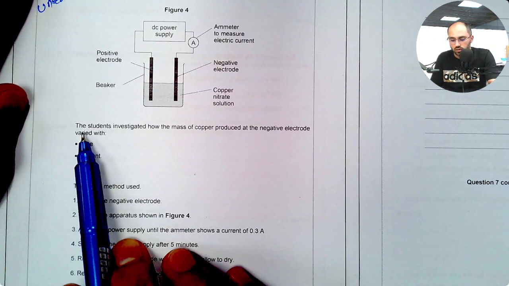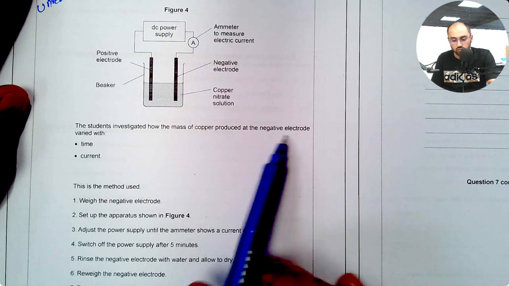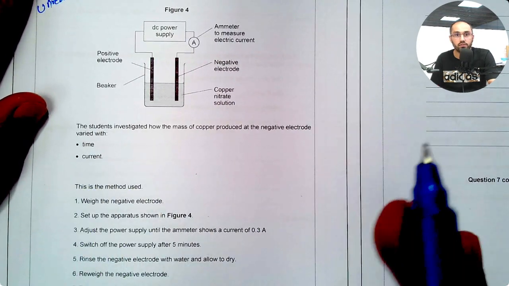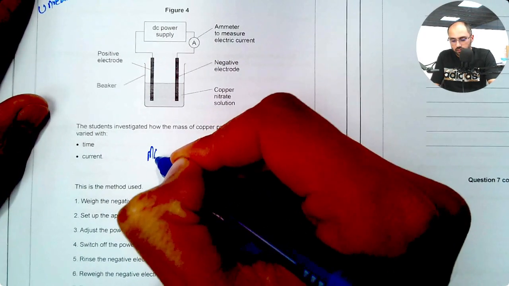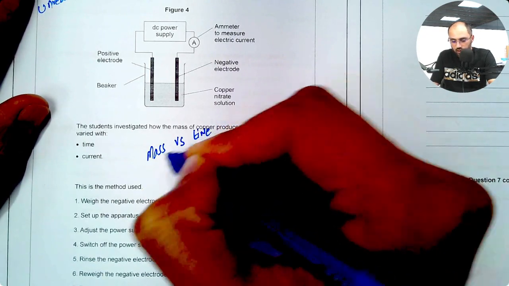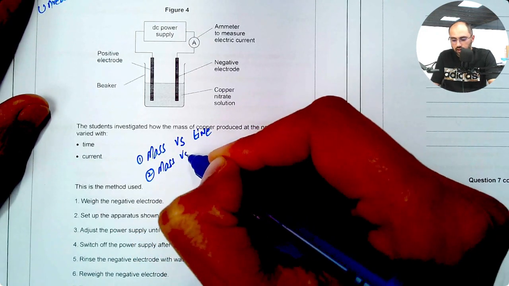It says the students investigated how the mass of copper produced at the negative electrode varied with time and current. So they carried out 2 investigations. One is mass versus time, and the second one is mass against current.